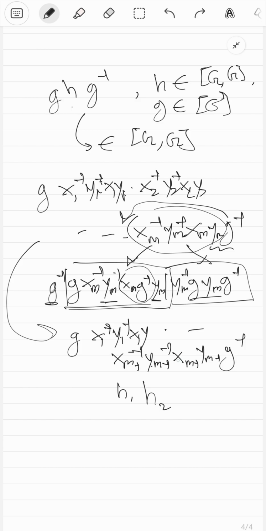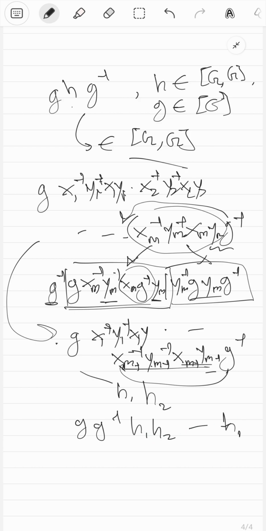We just keep doing this. We destroy this commutator by converting it into two elements in the subgroup, and then shift this, and eventually we'll be left with just g g inverse and a bunch of elements in the subgroup: h1, h2, and so on up to h_2m, because there are 2m of these. Then this cancels.